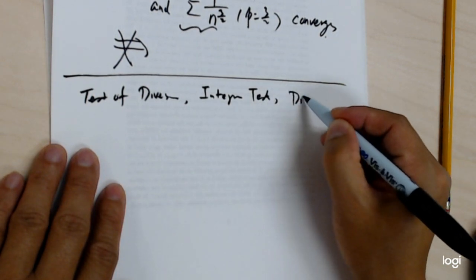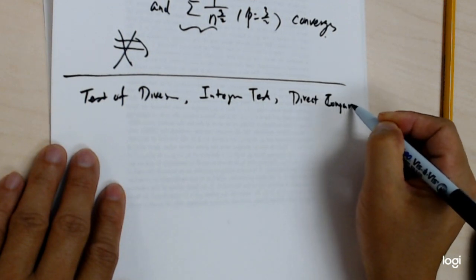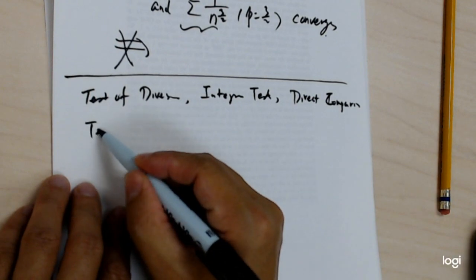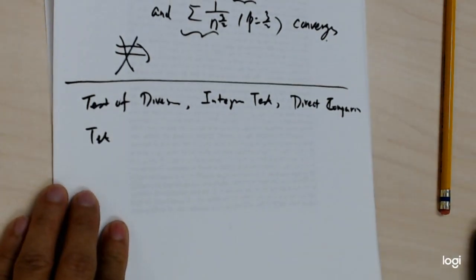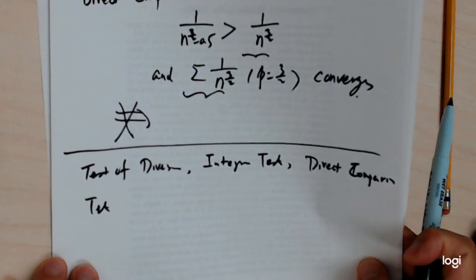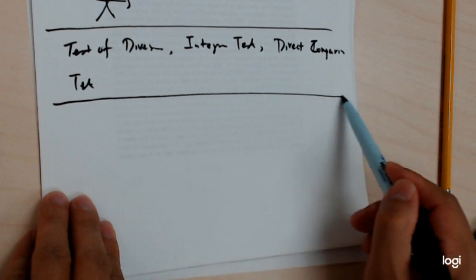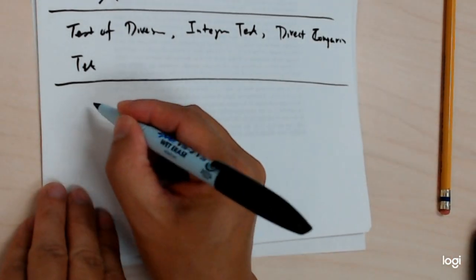You have the direct comparison test, which requires you to work very well with inequalities and sometimes is very tricky. So here's the fourth test, which is called the limit comparison test.